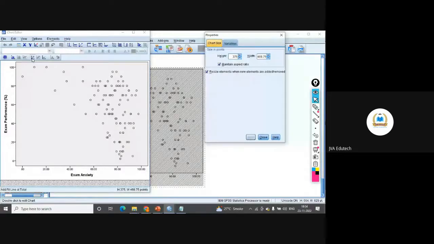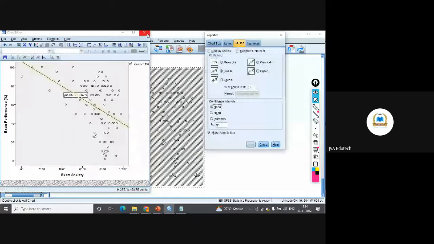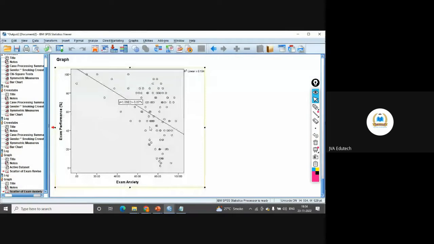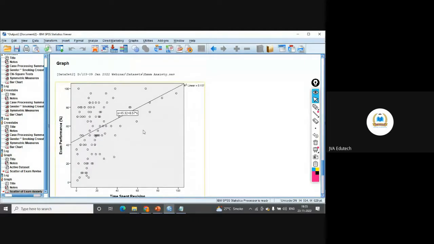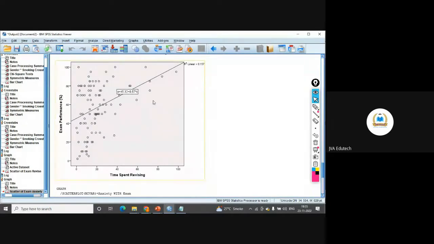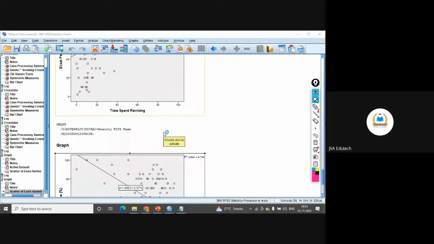Fit line at the total. Here you can see that there is a negative correlation. As exam anxiety increases, exam performance starts decreasing. Isn't it? Do you agree with me? Yes, sir. So this is an initial exploration, which will tell you about the direction of the relationship.